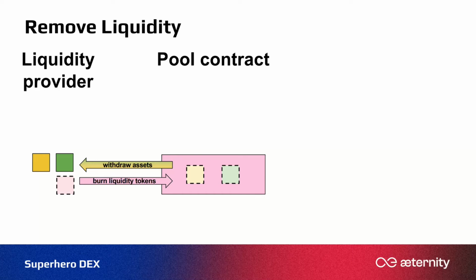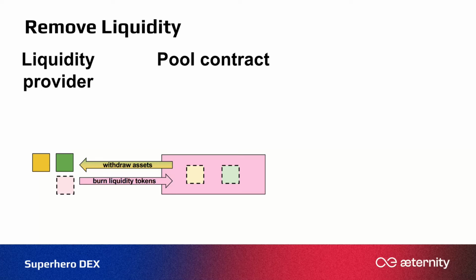And what you're doing then is, when you want to retrieve the liquidity that you provided, you send the pool contract your liquidity tokens to burn them, and the pool contract then will hand you back 50% of whatever is currently in the pool.